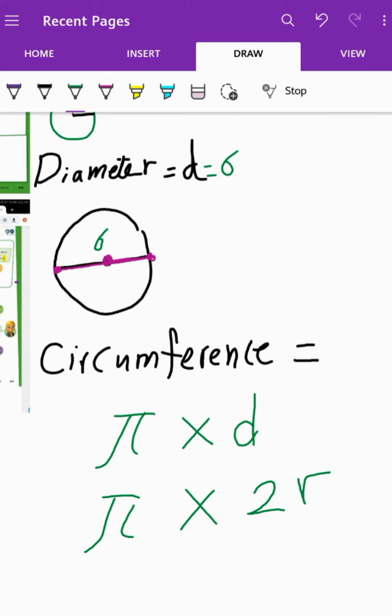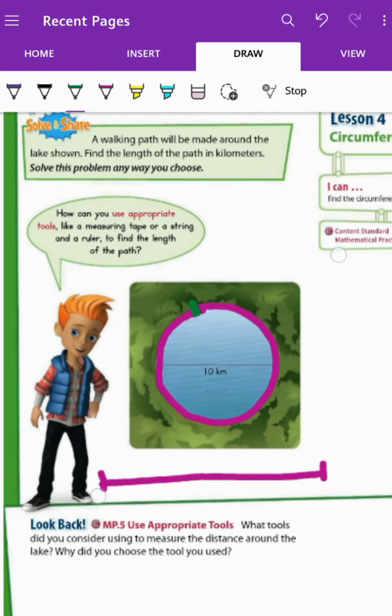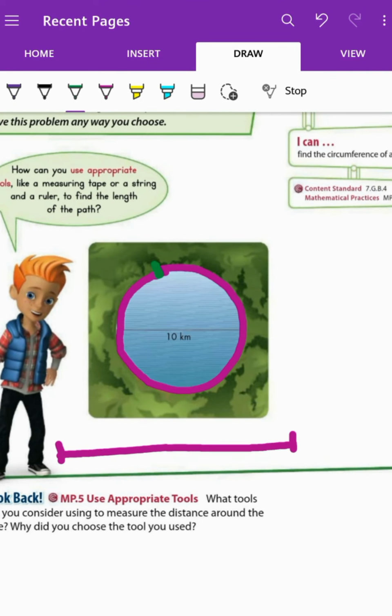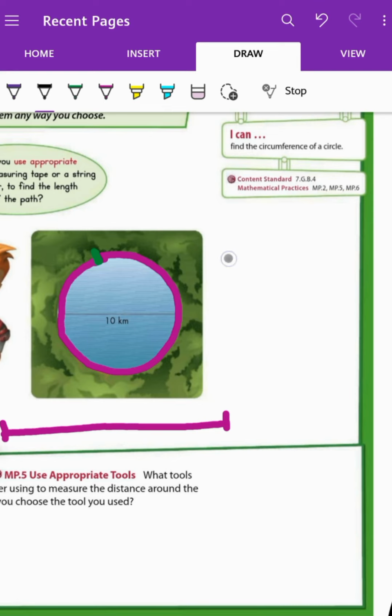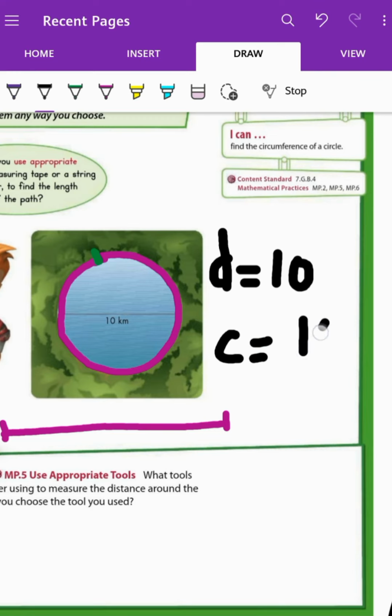Now, let us come back here. What is given in this lake? It is the diameter. So what is the circumference here, if the diameter is 10? D equals 10, yes. So C, the circumference, equals 10 pi. And this is easy, we find the circumference.